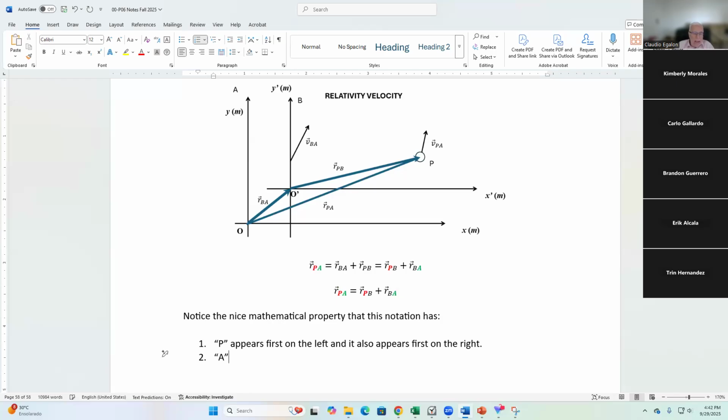A appears last on the left, and it also appears last on the right.